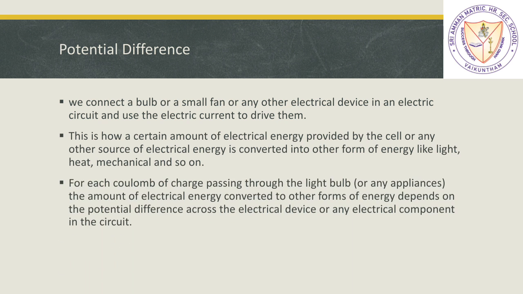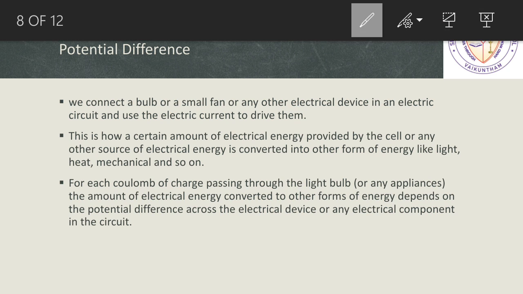For each coulomb of charge passing through the light bulb or any other appliance, the amount of electrical energy converted to other forms depends on the potential difference across the electrical device or component.